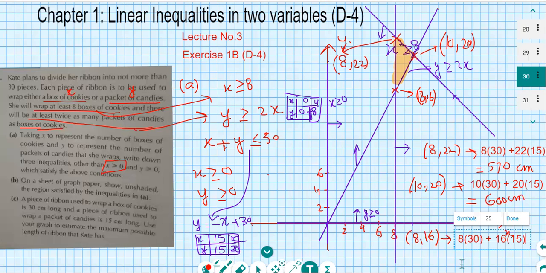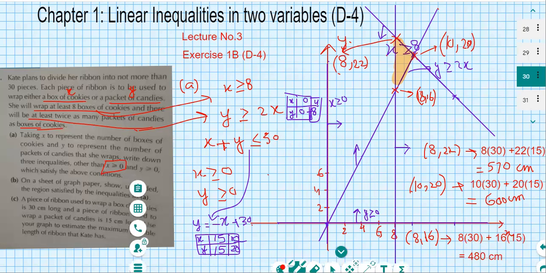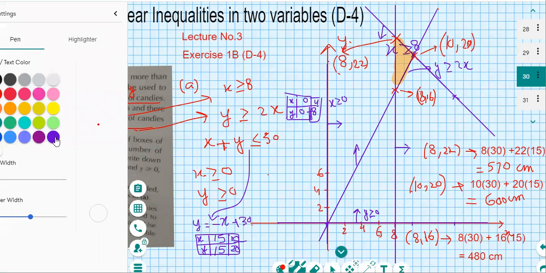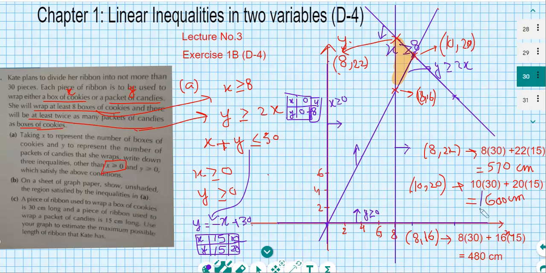So it gives you 480 centimeters. So you can see that the maximum length we can get from this shaded region is 600 centimeters. So this is your answer. 600 centimeters is your answer.